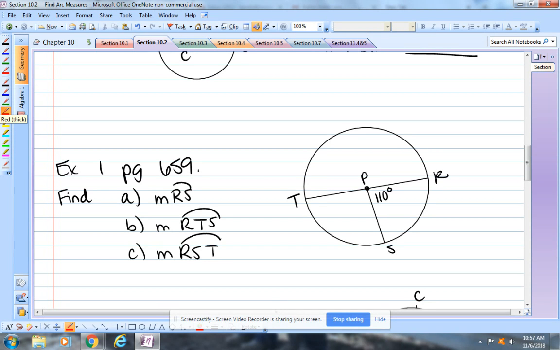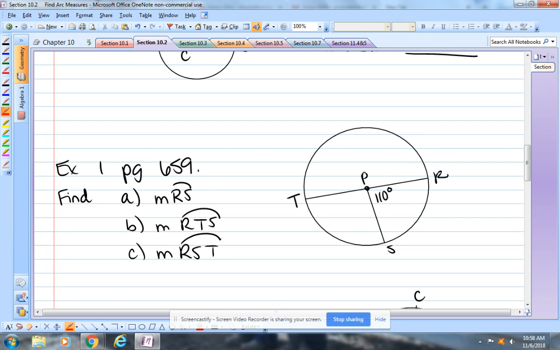They tell me this central angle right here is 110 degrees, correct? If I wanted to, could I find this other central angle? How would I do that? Yeah, this makes a linear pair, doesn't it? They're supplementary. So I could do that if I needed to. I don't think you're going to need to, but you might.